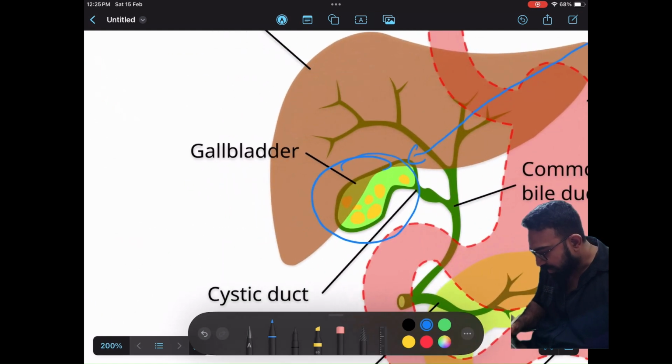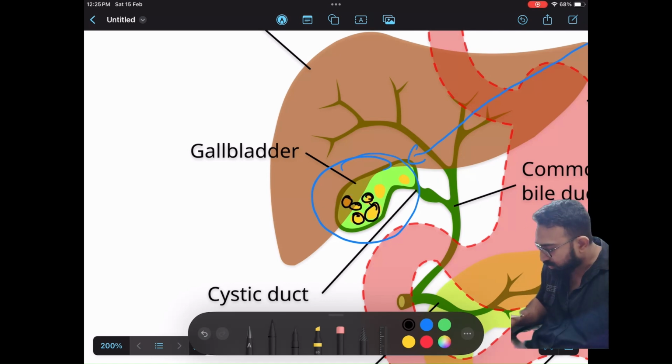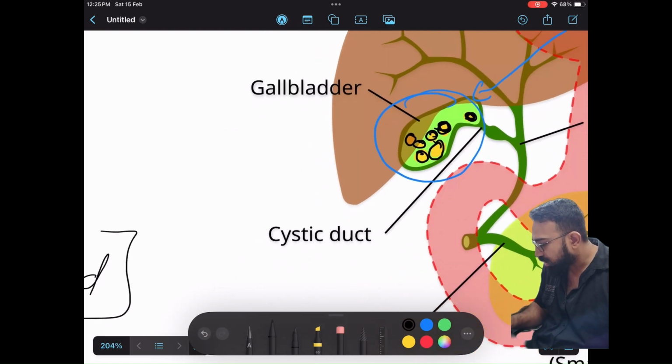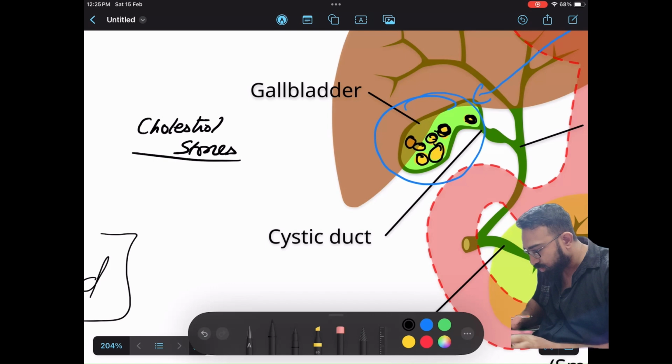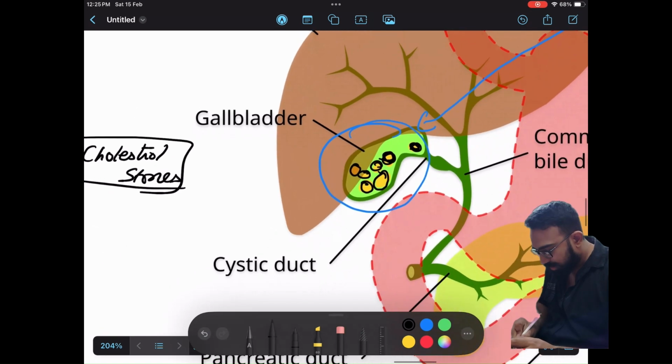Some of this bile can actually form stones, and many of the times these stones are cholesterol stones.